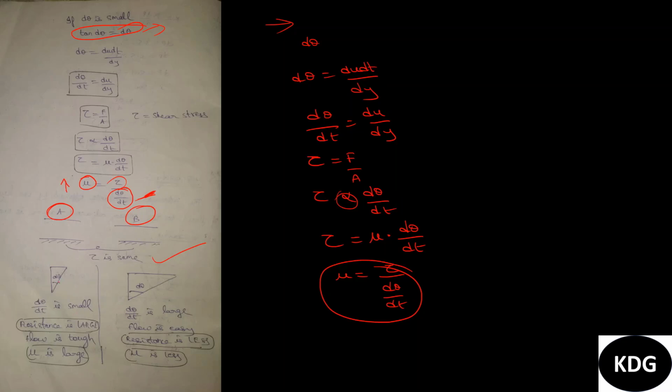If dθ by dt is large, there is little resistance, so flow is easy, and viscosity is less.